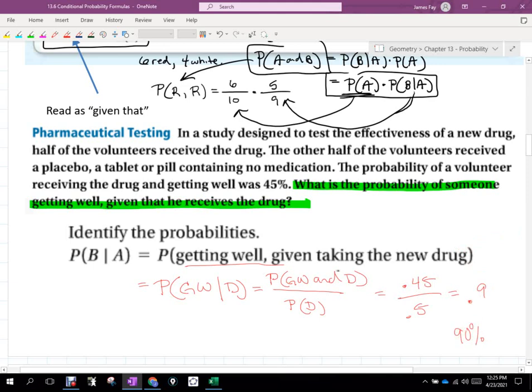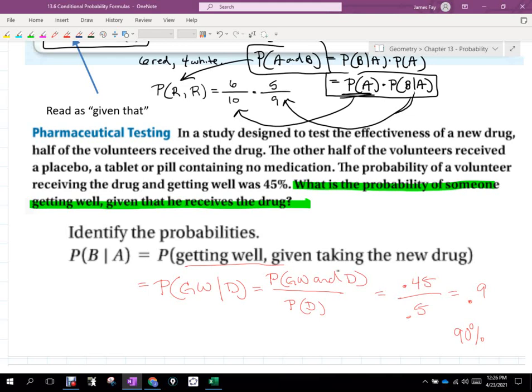And think about what that 90% means. I always think it's a good idea to go back and think, okay, now I got an answer. What does it really mean? It says probability of getting well given that you had been provided the drug, right? Getting well given that you were taking the new drug. That 90% says, okay, if we've got 6 people and I give them the drug, 90% of those 6 people are going to get better.